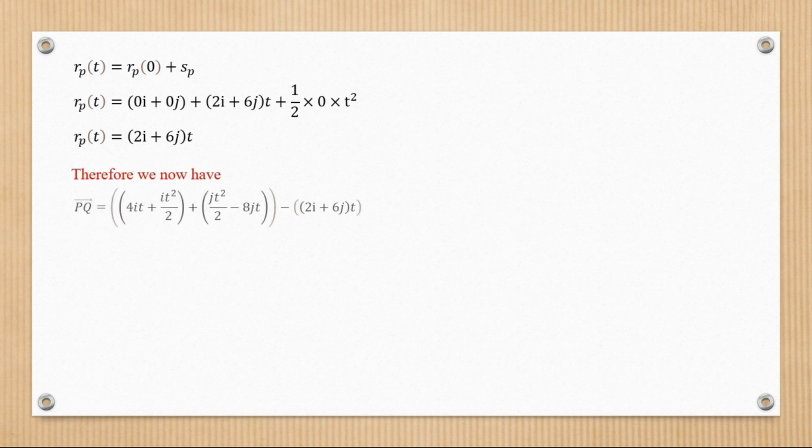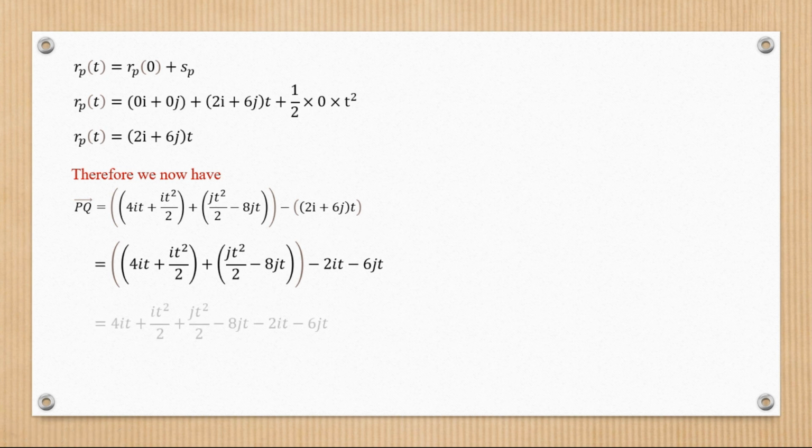Alright, so next we now have PQ being equal to that. PQ is equal to this minus that, of which I can now open brackets and solve. When I open brackets and solve, this is what I'll end up having: 4it plus it squared over 2 plus jt squared over 2 minus 8jt minus 2it minus 6jt.